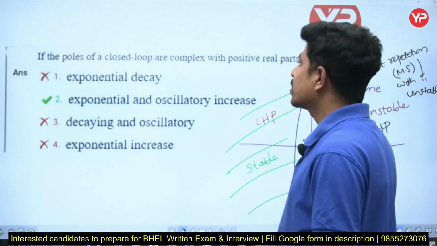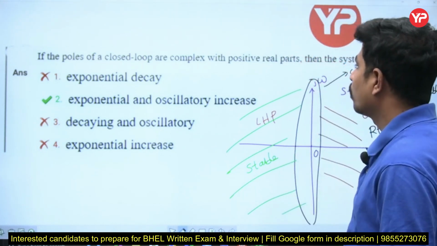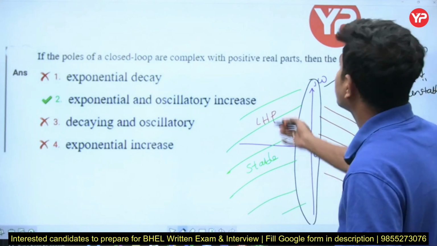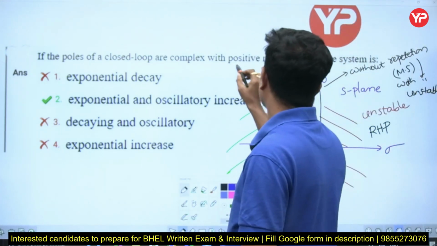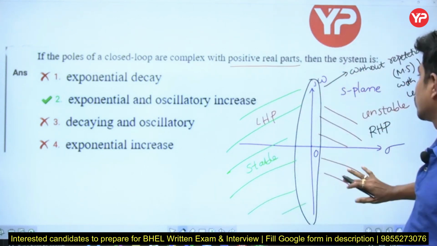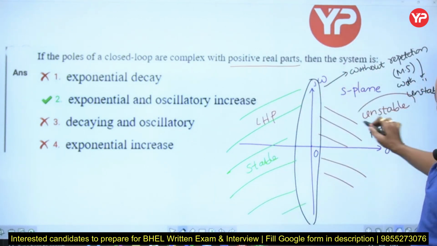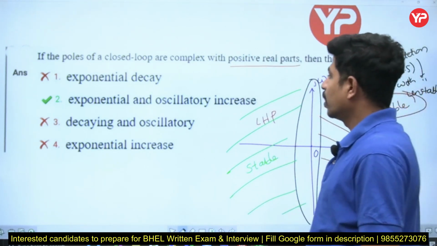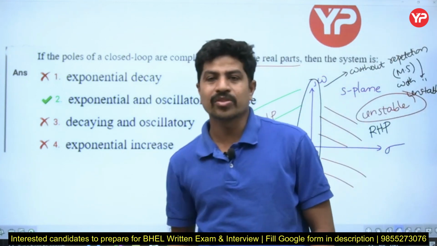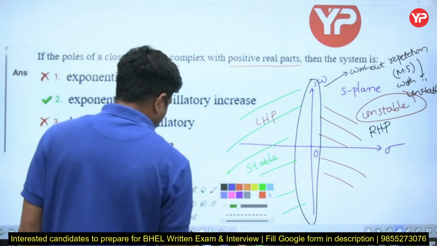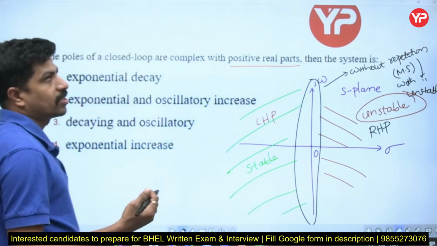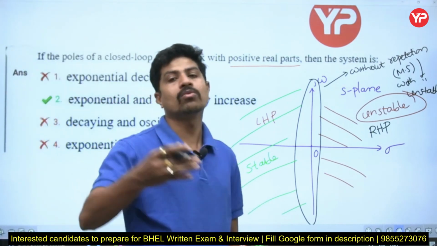Stable. Right? Now he is saying, if the poles of a closed loop are complex with positive real part, it means those poles are existing in the right half of S-plane. Therefore, your system is said to be unstable. Unstable means its response increases without bounds.